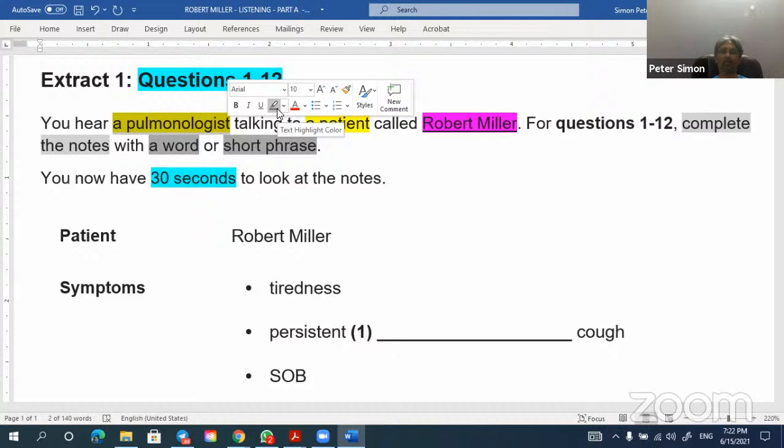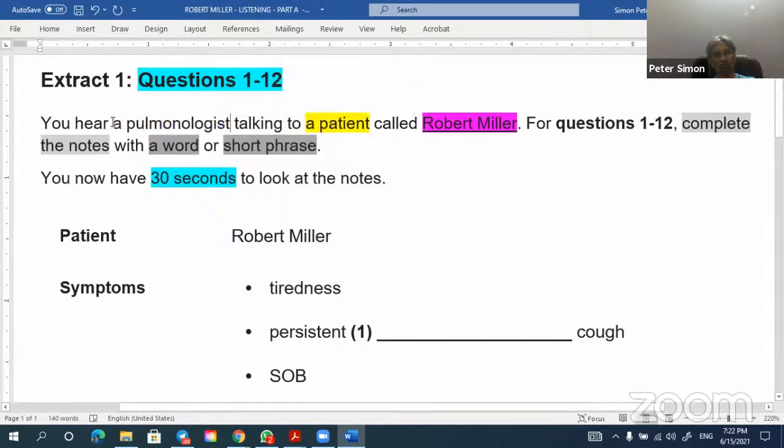Pulmonology related to that. This also is important, so I'm underlining. So a pulmonologist is talking to Robert Miller. Robert Miller is a patient and they are talking here.